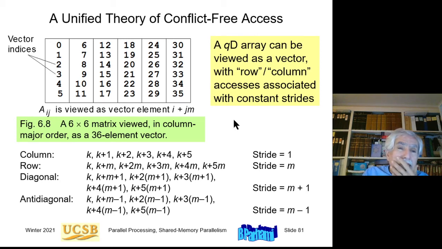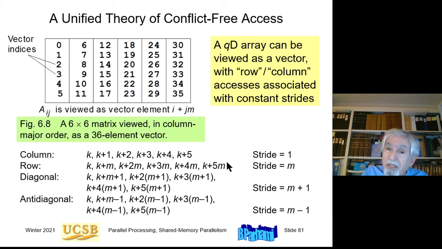Okay, so if I'm interested in accessing rows, columns, diagonal elements, and anti-diagonal elements of this matrix concurrently, then I have to store the matrix elements in memory so that accesses with all of these 4 strides fall into different memory banks.